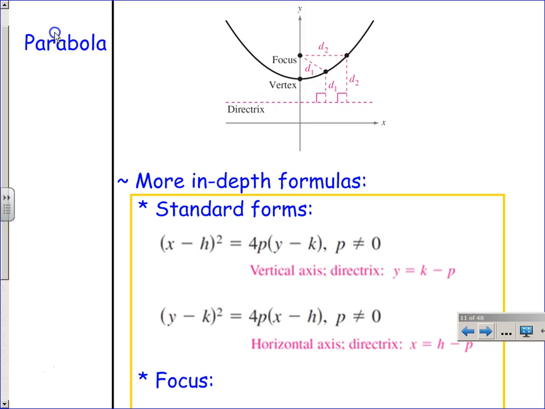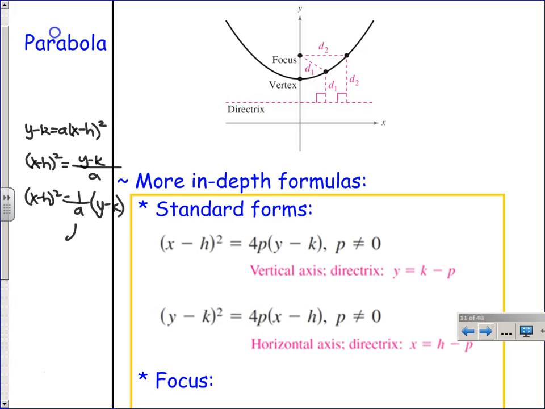So if, for instance, you were to have your vertex form of y minus k equals a times (x minus h) squared, to get to here, you'd actually have to divide by a first, which you could write as a little 1 over a over here.